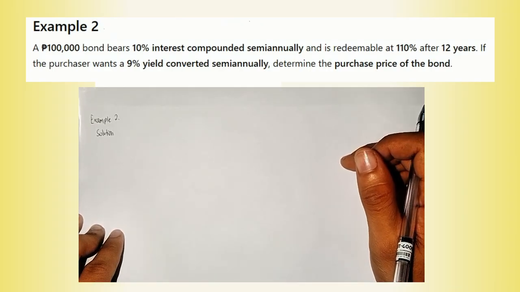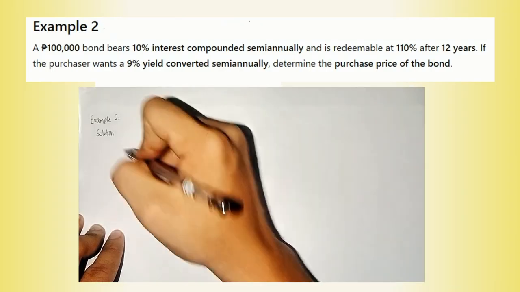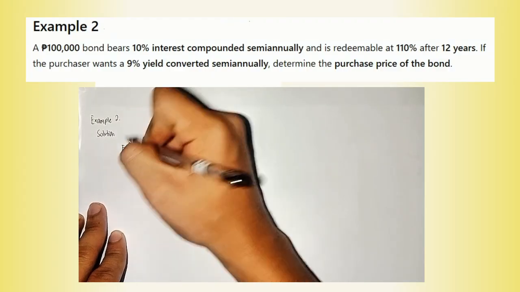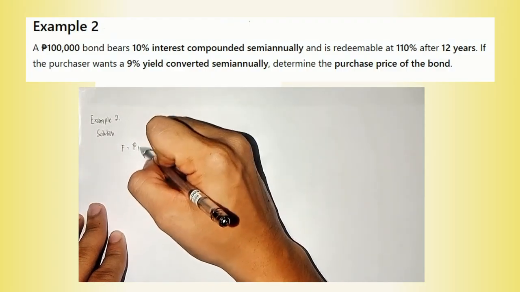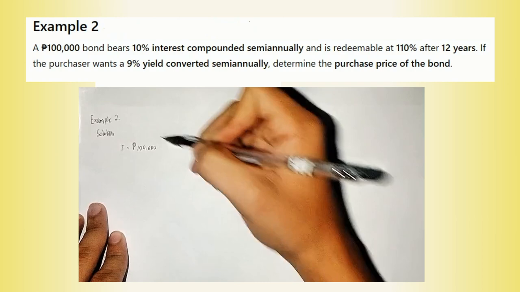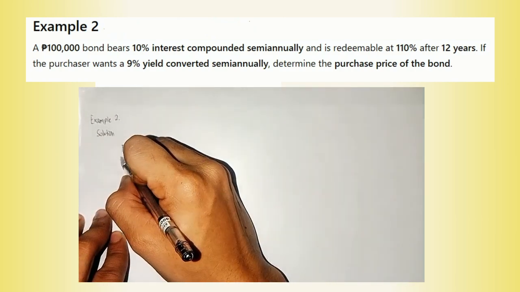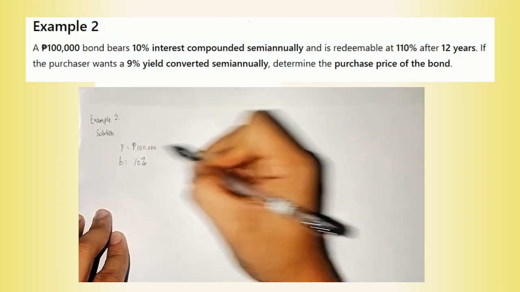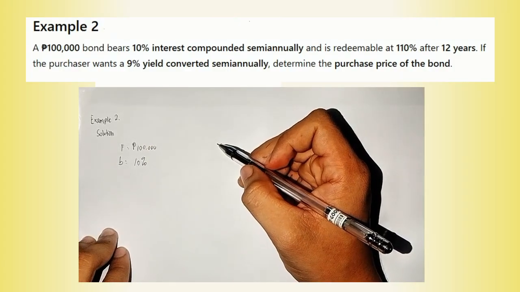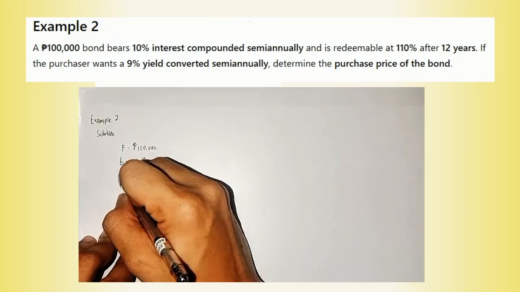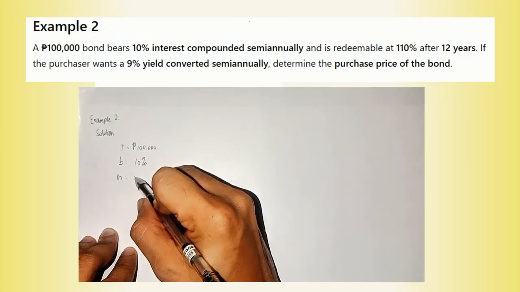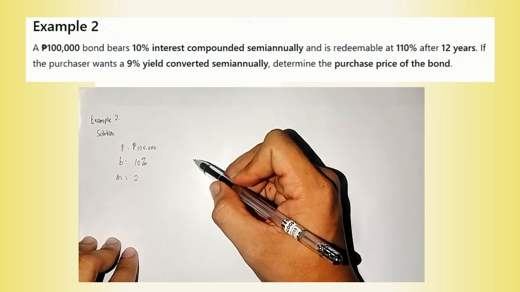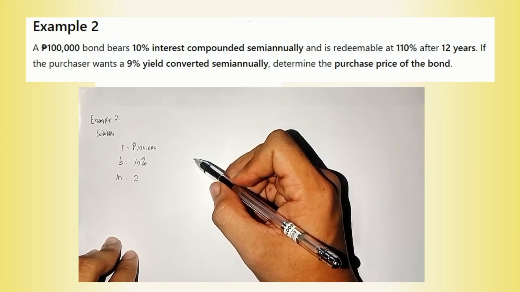Now first, let's list all the givens. We have F equal to 100,000. It bears 10%, so B is equal to 10%, compounded semi-annually, so basically M is equal to 2, and it is redeemable at 110%.